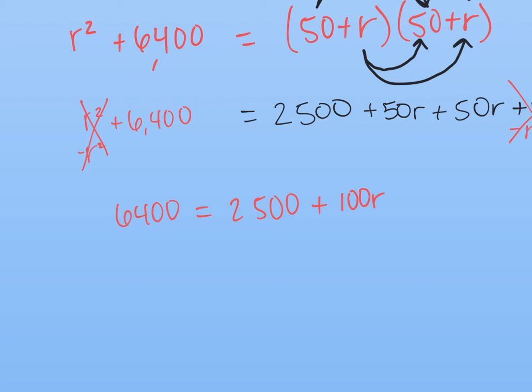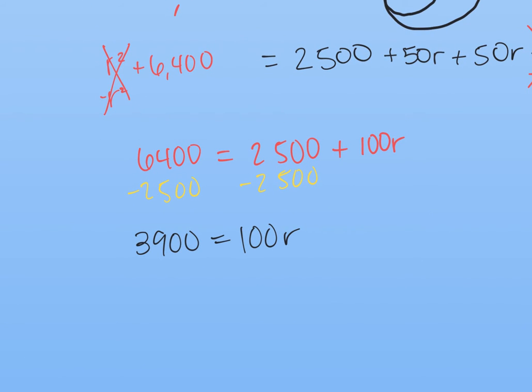Good, subtract 2,500 from both sides. I believe you get like 3,900 equals 100R. Divide by 100. You should get R is 39.